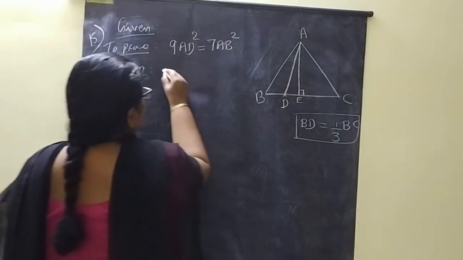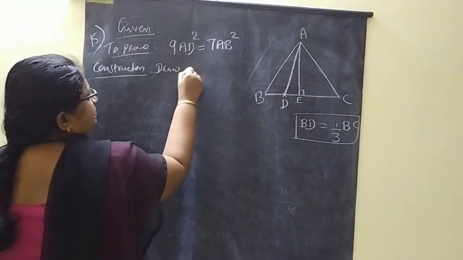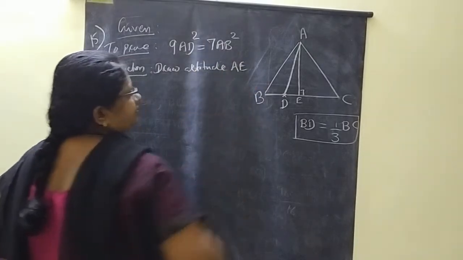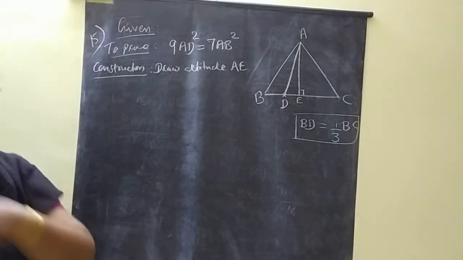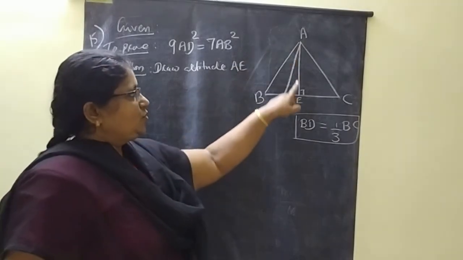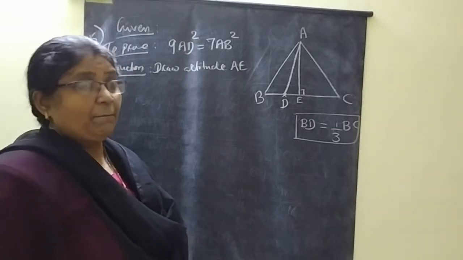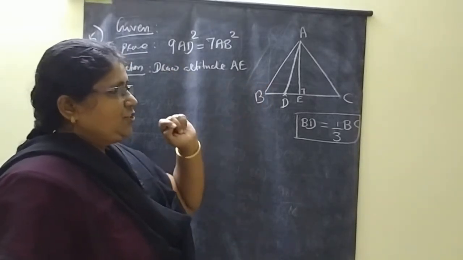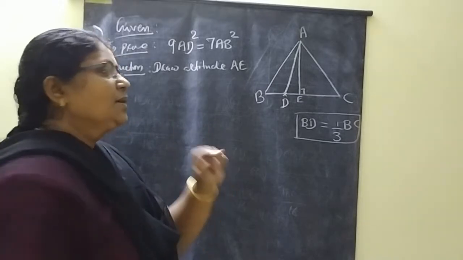What you have to do? Draw altitude AE. What is meant by altitude? It is perpendicular drawing from one vertex to the opposite side. But in the case of equilateral triangle, that altitude is same as median.